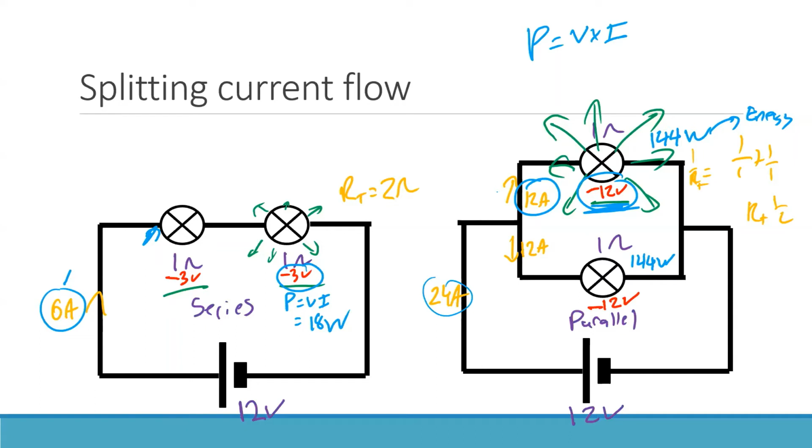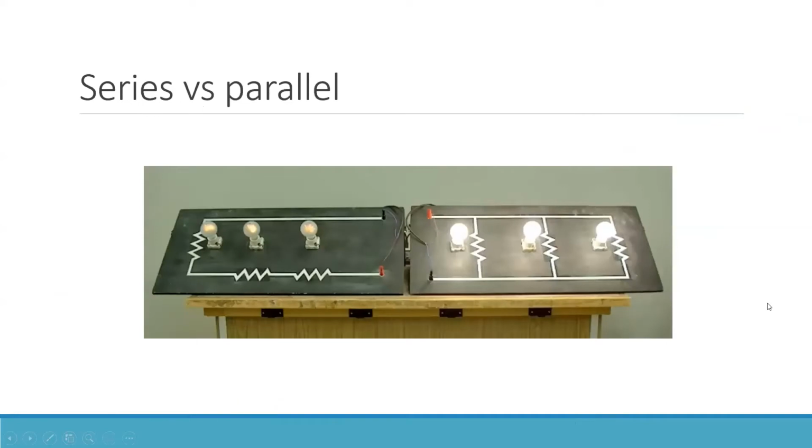What does this look like? This looks like this. Because in these three globes, we are sharing the resistor. If this is a 12 volt battery, this is dropping 4 volts, this is dropping 4 volts, this is dropping 4 volts.